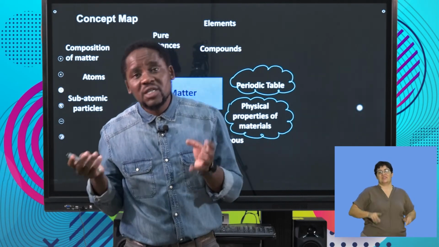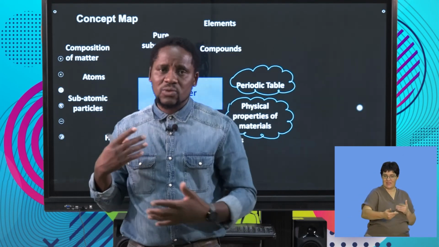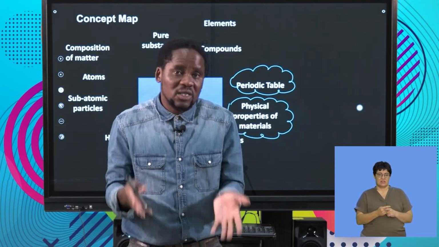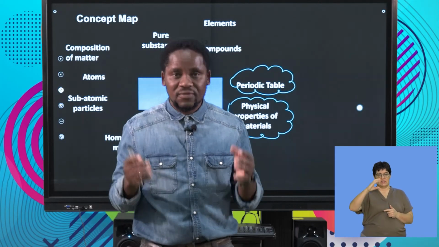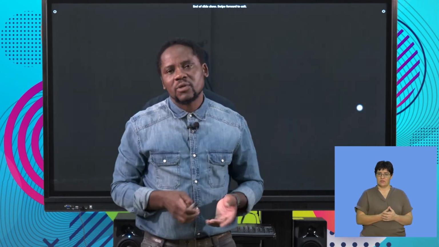There is a special sequence in the periodic table, something that we'll look into in detail in terms of what we refer to as the periodicity, or the trends and patterns in terms of the properties, right?